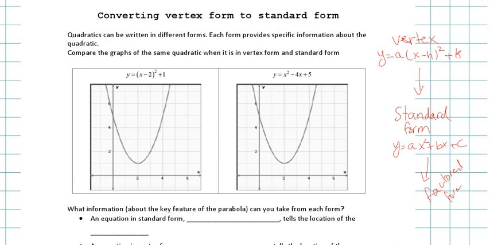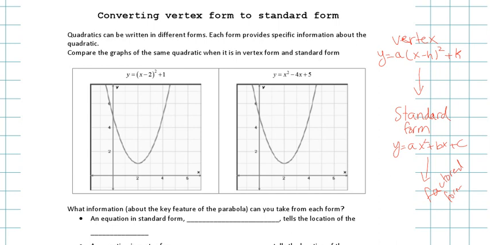The vertex form, right? How is the second one written? Standard. Okay, so if I put this in Desmos, it's going to give me this graph. If I put this in Desmos, it's going to give me this graph, which is exactly the same graph, right? It's just that one is written in vertex form, the other one is written in standard form.